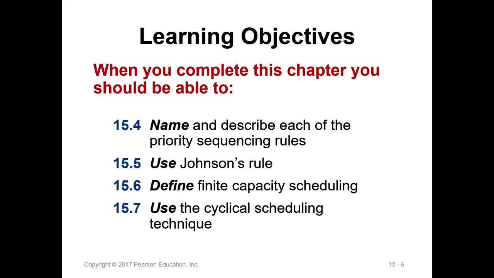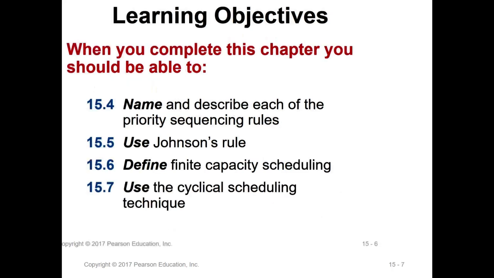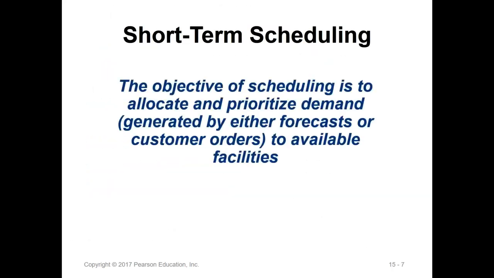So we are going to have in-class practice on priority sequence rules and Johnson's rule, and define finite capacity scheduling, and also use cyclical scheduling techniques to plan staff scheduling for a doctor's office or clinic, some kind of service.